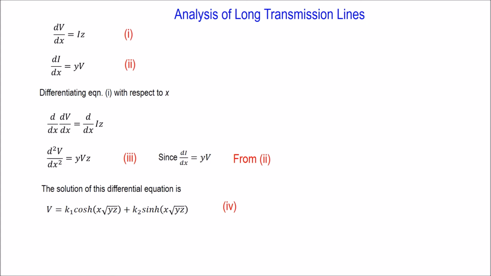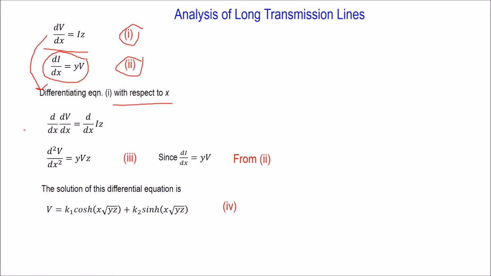So we already had dV/dx equal to Iz from equation 1 and dI/dx equal to yV from equation 2. Now we differentiate equation 1 with respect to x. So what we get?